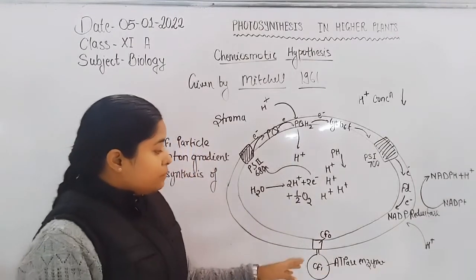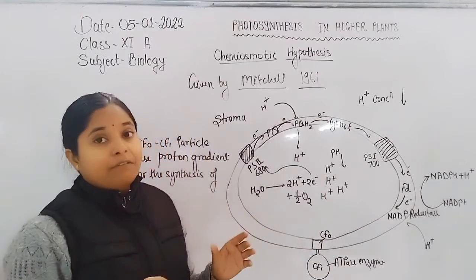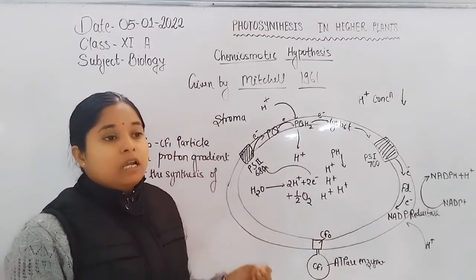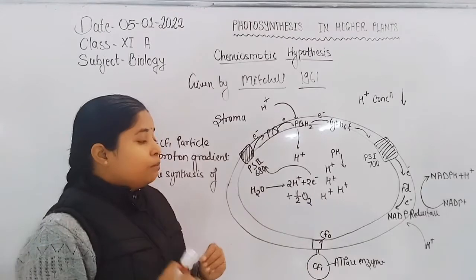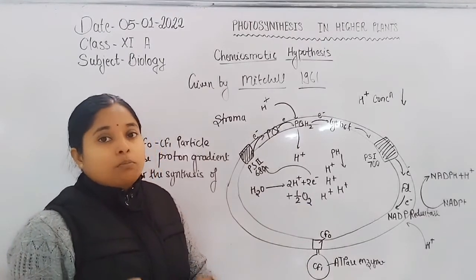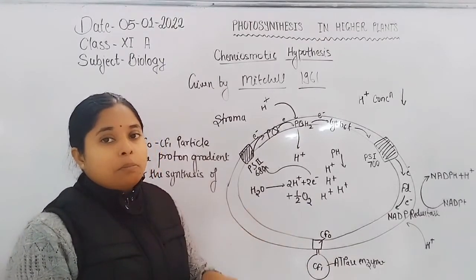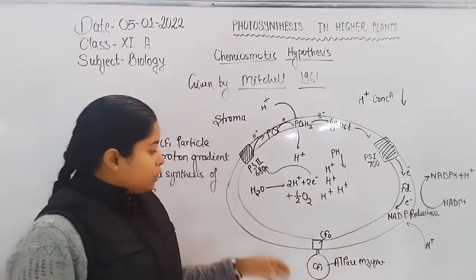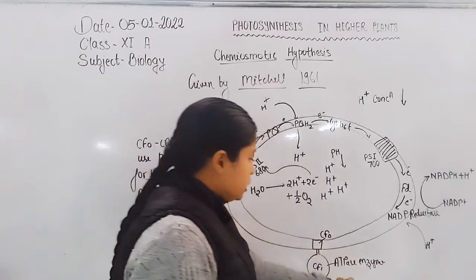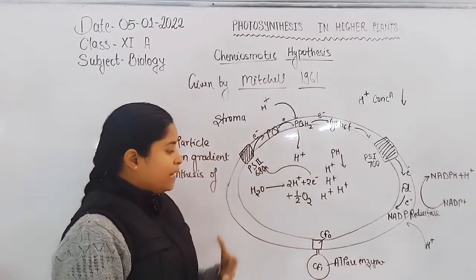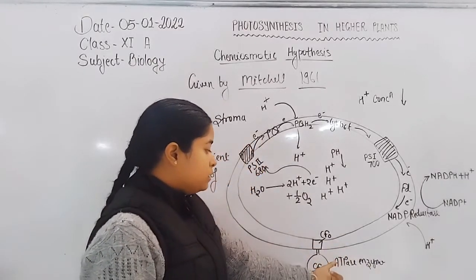Because the ATPase enzyme has the ability to bind ADP, adenosine diphosphate, plus inorganic phosphate, both together, and form the ATP molecule. The protons are used to provide energy to the ATPase enzyme.